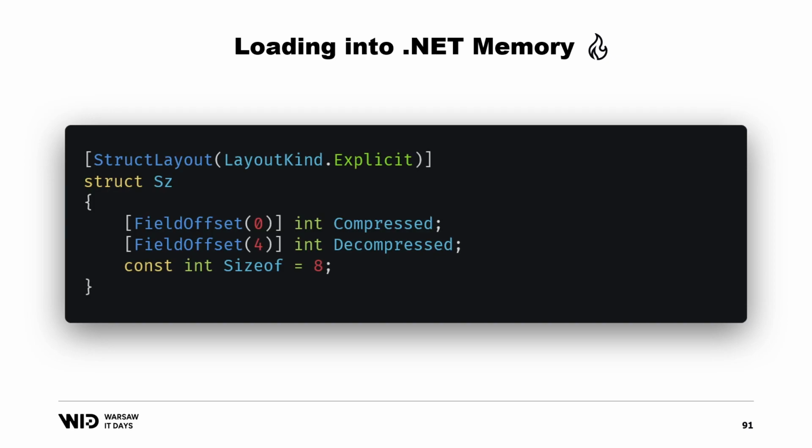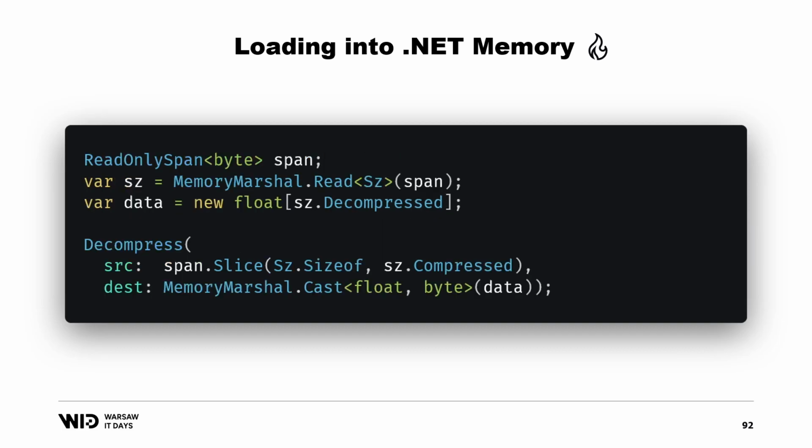To load this, it will be better if, instead of reading two integers, we create a structure that represents that header with two integer values inside. And MemoryMarshal will be able to read an instance of that structure, loading the two fields at the same time. We allocate an array of floating point values, and then our compression library almost certainly has some flavor of a decompress function, which takes a read-only span of bytes as input and takes a span of bytes as output.